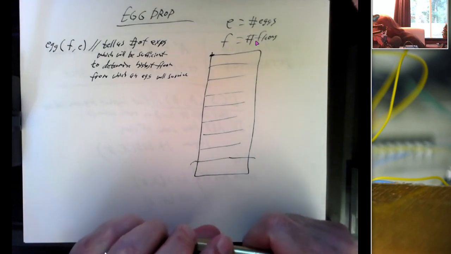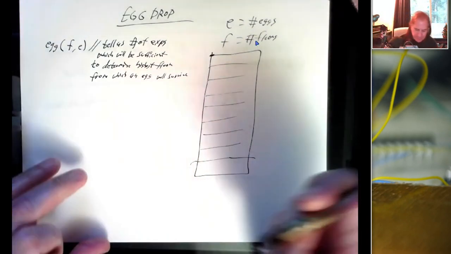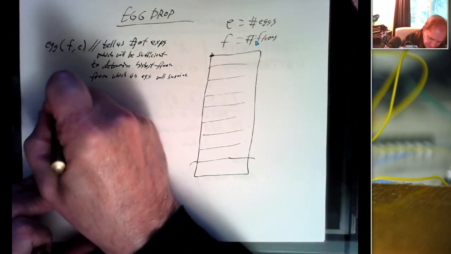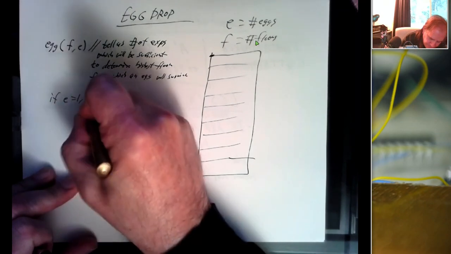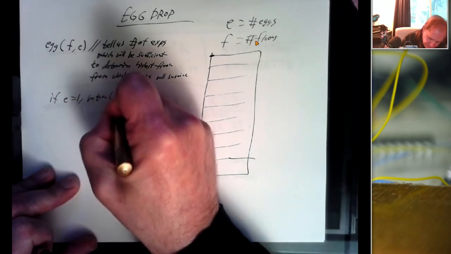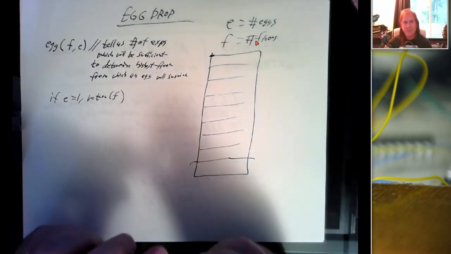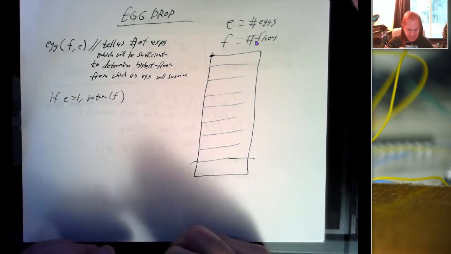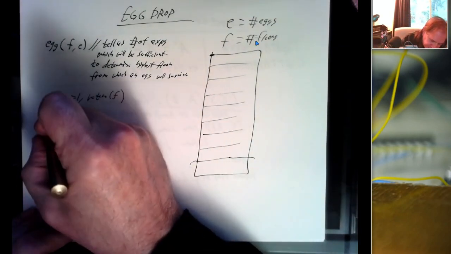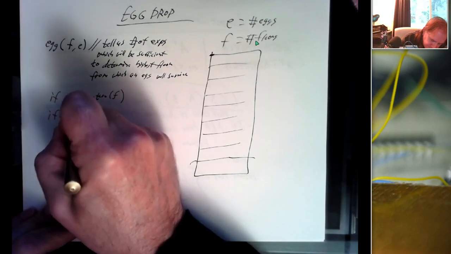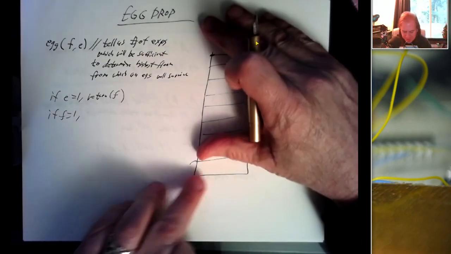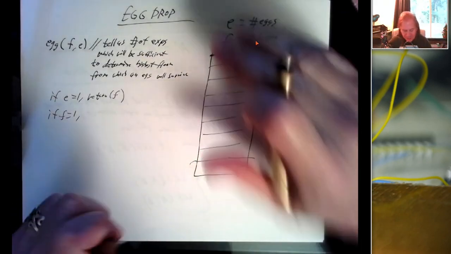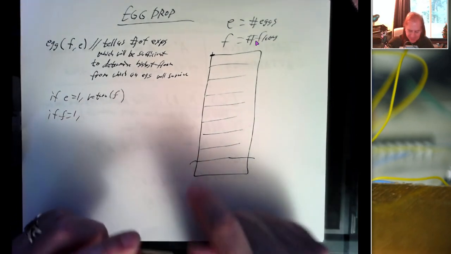All right, so if the number of eggs is 1, we just return the number of floors. On the other hand, if the number of floors is 1, if your building only has one floor, all we have to do is drop the egg off that first floor.